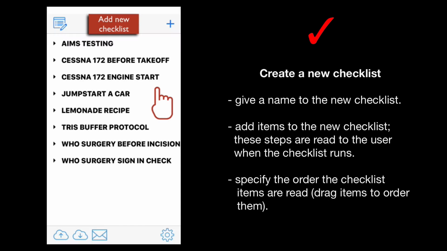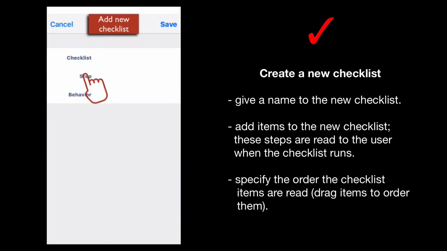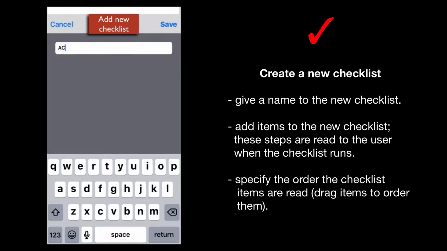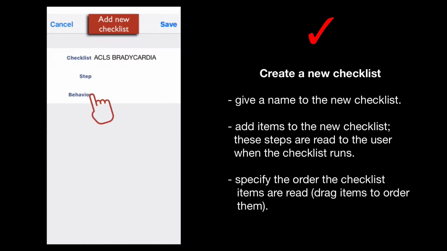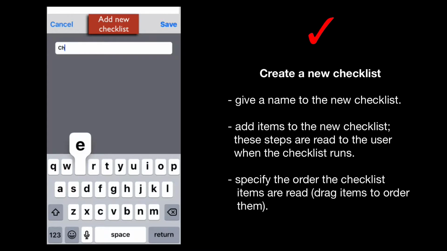Here's how you create a new checklist. Click on the plus sign up in the upper right corner. You provide a name for a new checklist, then add individual items or steps to your checklist. These items are what the app will read and present to you when the checklist runs.